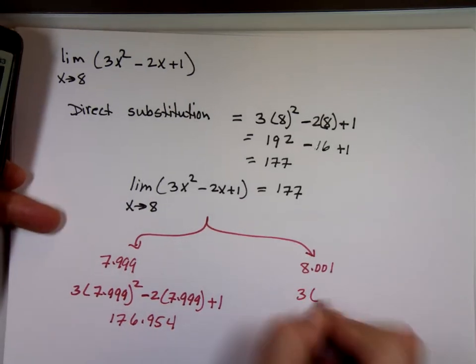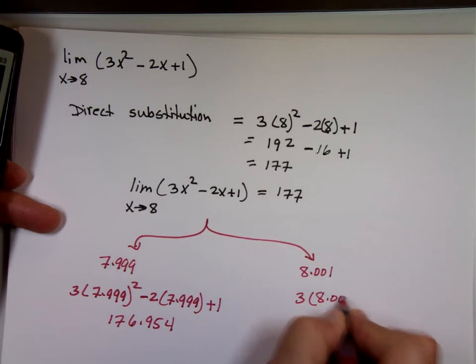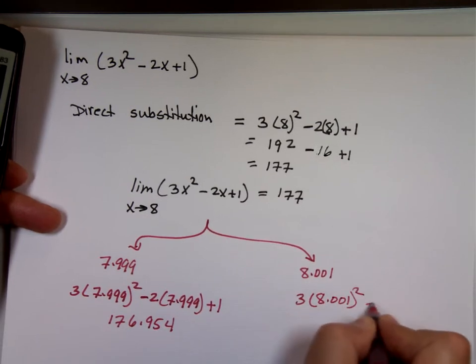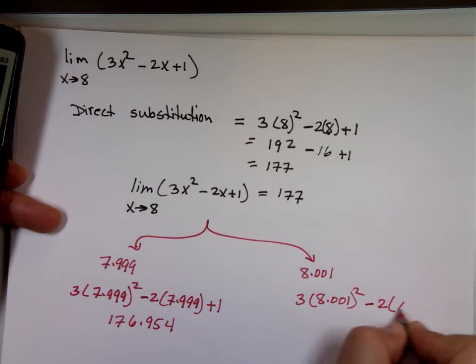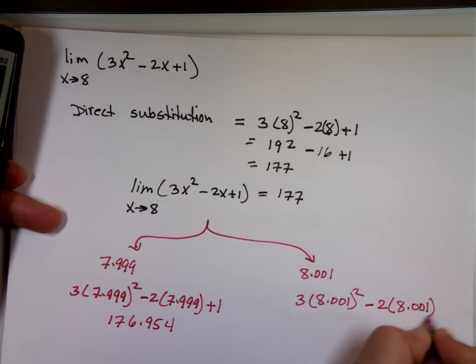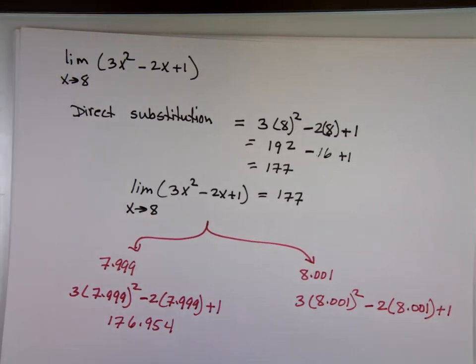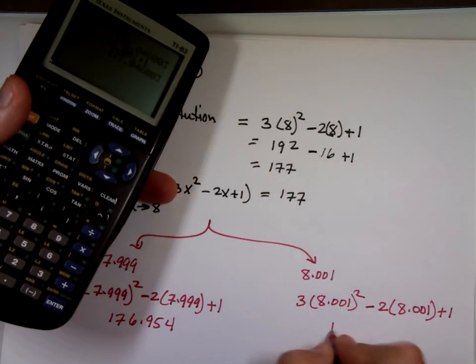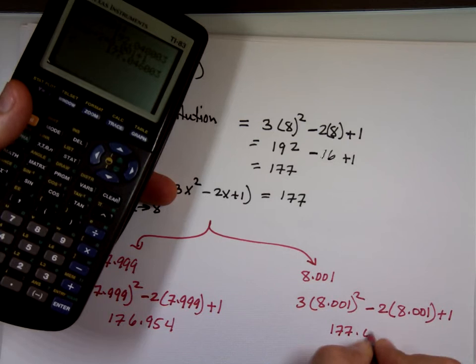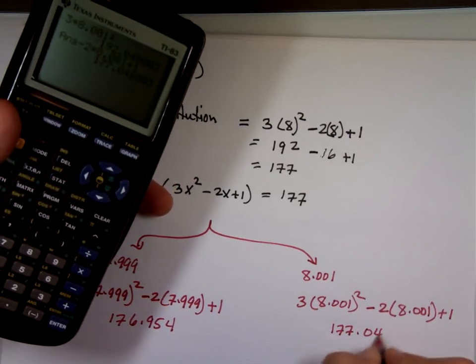3 times 8.001 squared minus 2 times 8.001 plus the 1. I got 177.046.